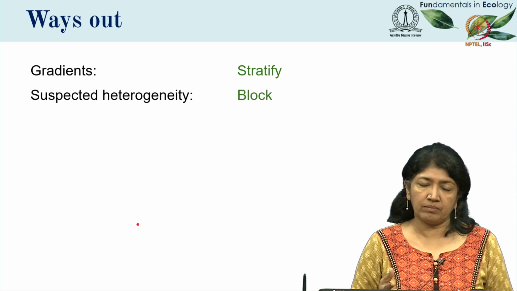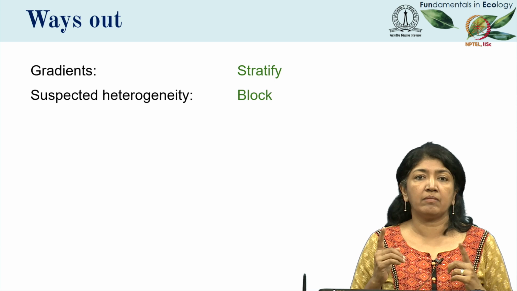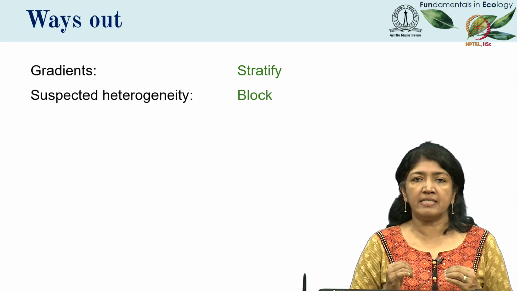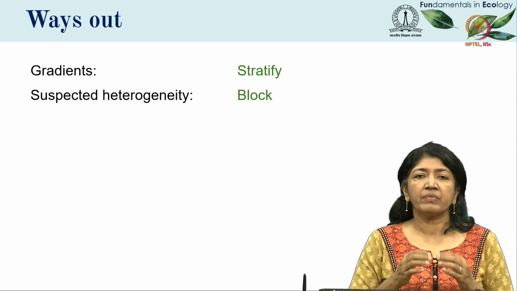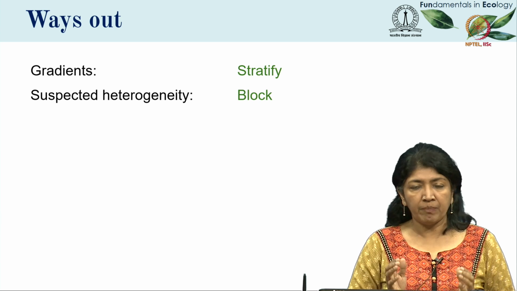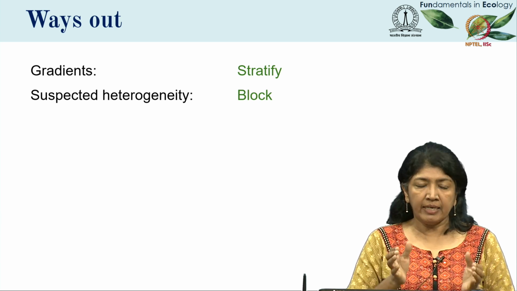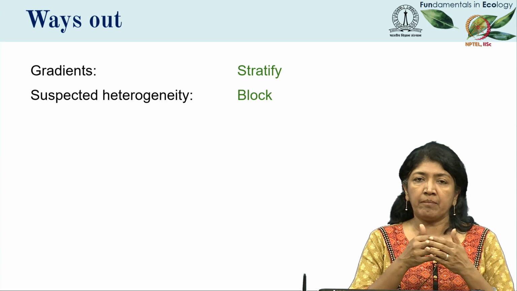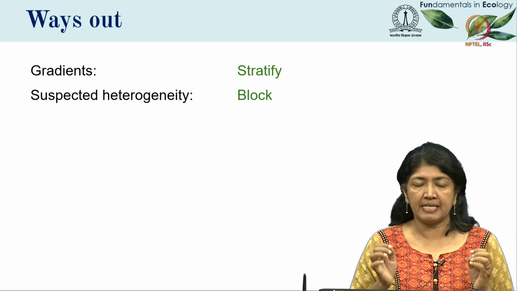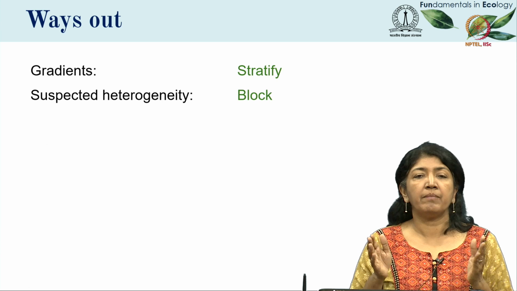What is the way out? If there is a known gradient, for example in the tree example, where I have a good biological reason to believe that tree density represents the level of competition experienced by individual trees, and therefore the girth of trees can be affected by tree density, then I can stratify based on the gradient.